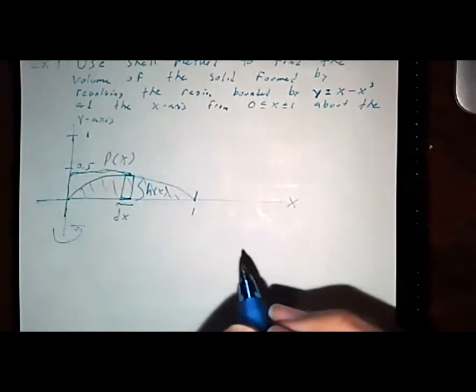Now, the rho is going to be the distance from the slice to the rotational axis. So this right here, this distance is rho. I'm trying to make sure I get this correctly.